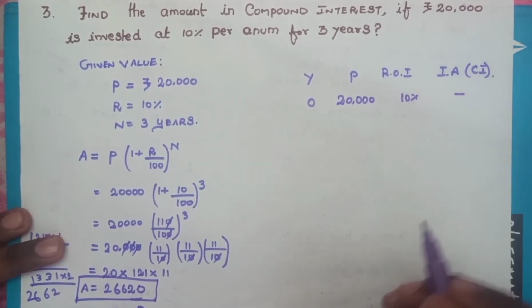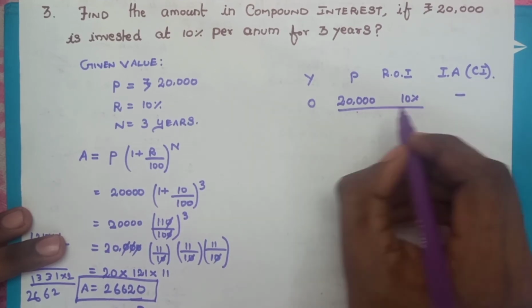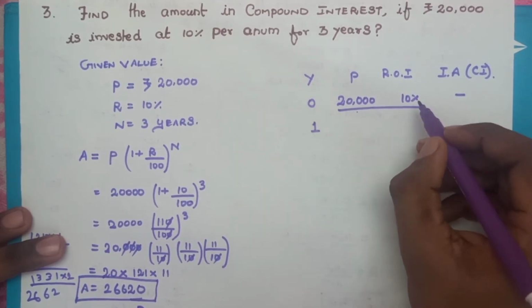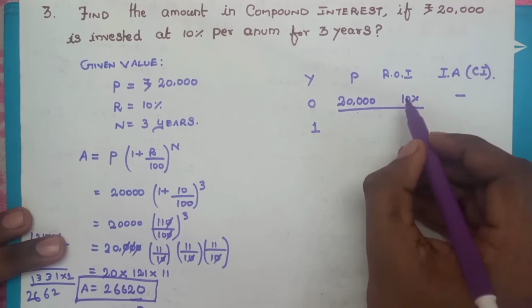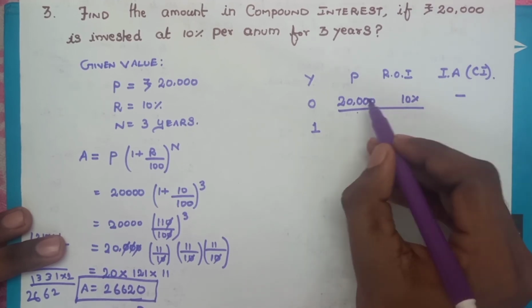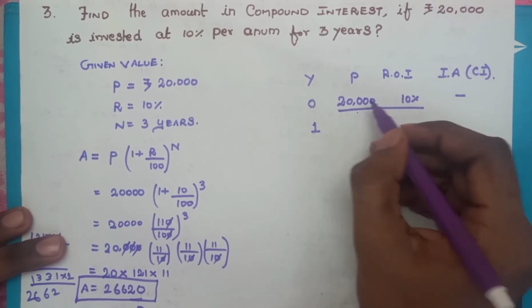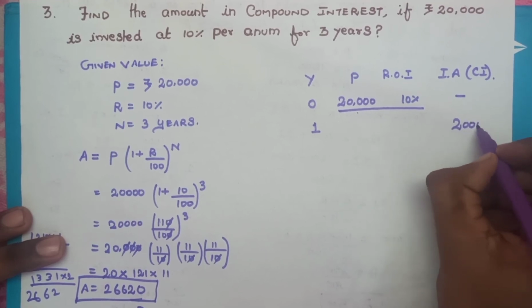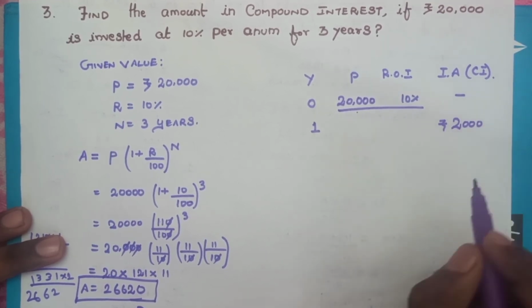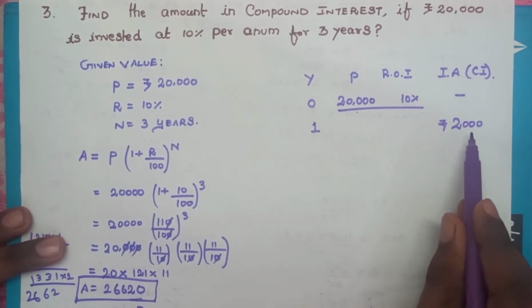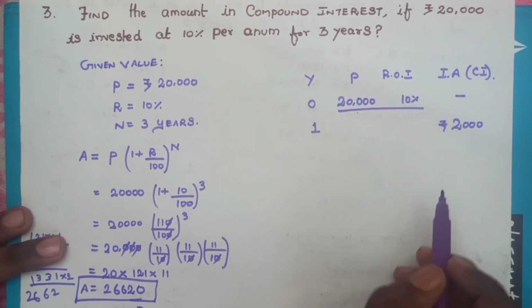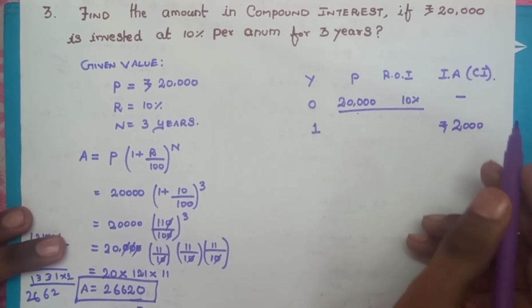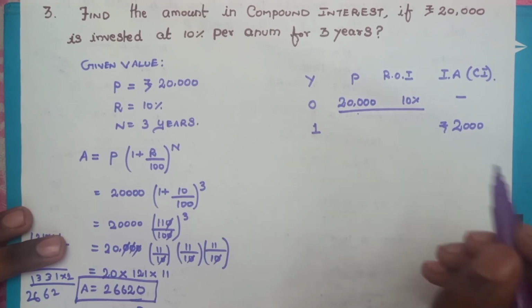In the first year we wouldn't get any interest amount. At the completion of 1 year, we will get 10% of 20,000, which is 2,000 rupees, as our interest amount. That is our compound interest for the first year.